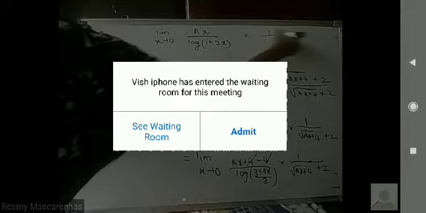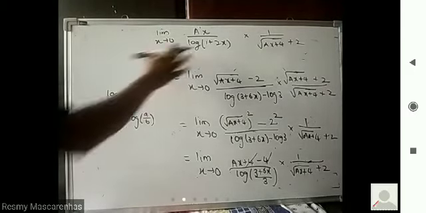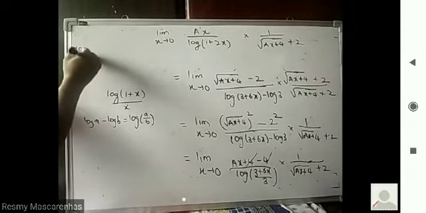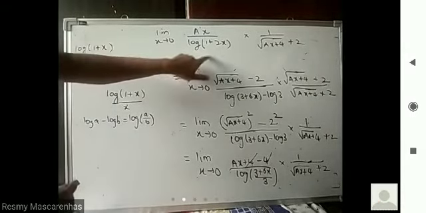And this is the other side only. Okay. Now this is in the form of log of 1 plus x. Denominator, what is missing?